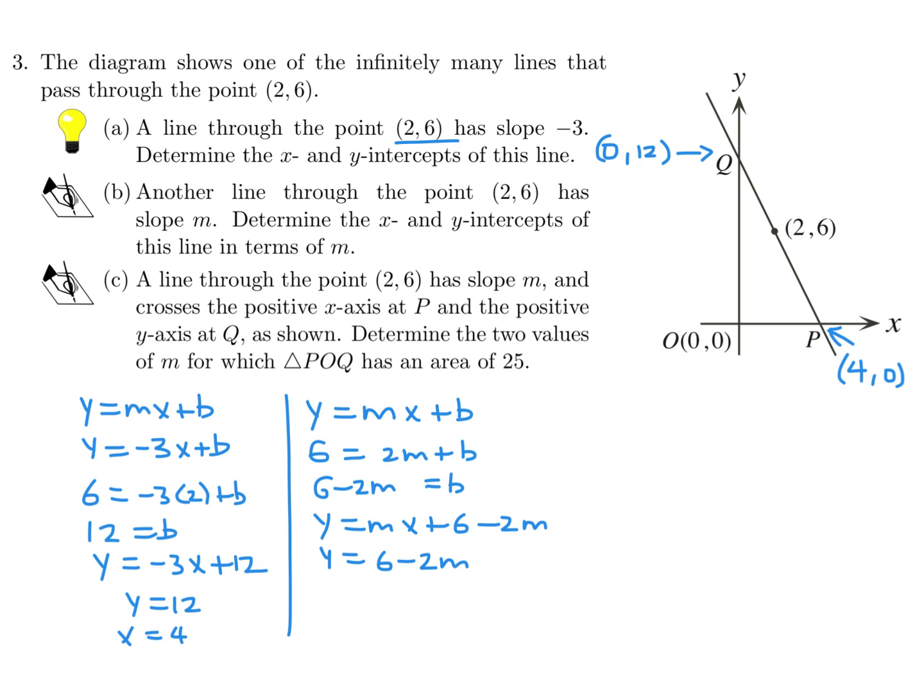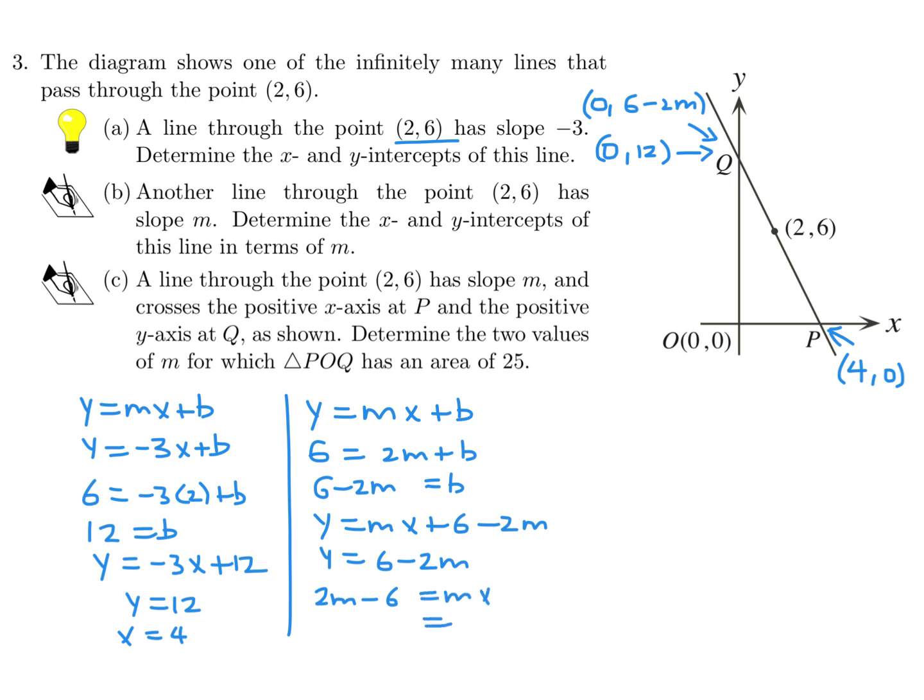So this point now is (0, 6 minus 2m), this point Q. And then set y equal to 0 and solve for x. So that would give me 2m minus 6 is equal to mx.